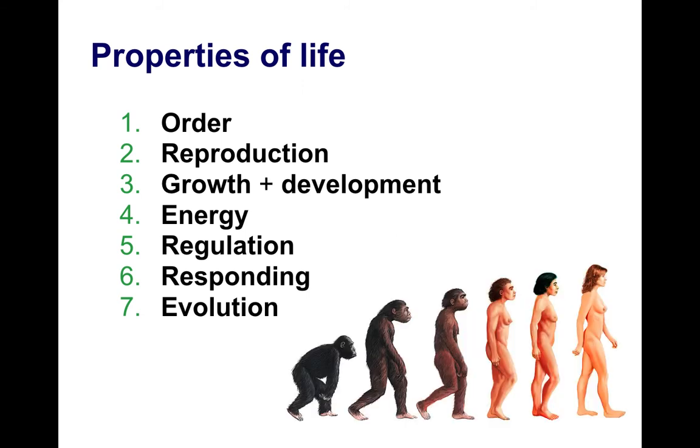Finally, if we look at many generations, we are not the same. All living things are going through a gradual addition of changes that make them more successful and better suited in their environment. And this is what we call evolution. All living things evolve.